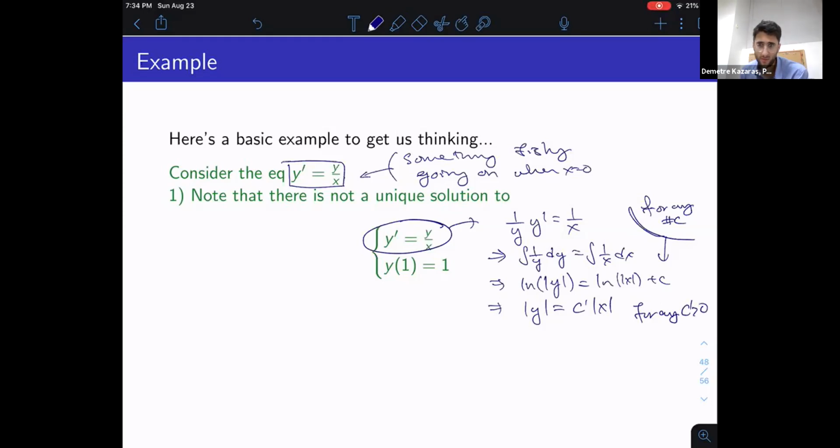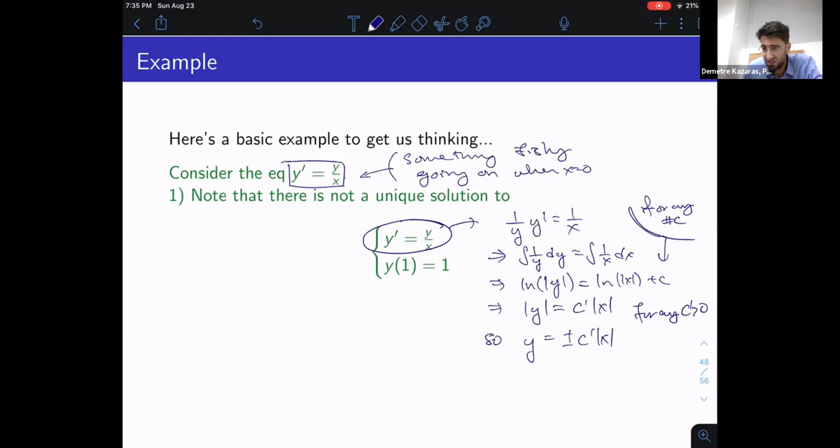Okay, so y itself is equal to plus or minus c prime absolute value of x, for any positive constant c prime. Okay, but there's something a little bit weird going on. There's like two ambiguities of sign. There's the ambiguity of sign coming from the absolute value of y, and then the one from the absolute value of x. And this is going to be the source of a little bit of the confusion.